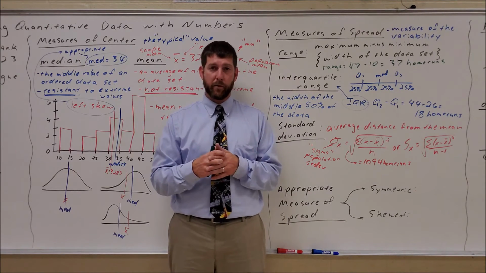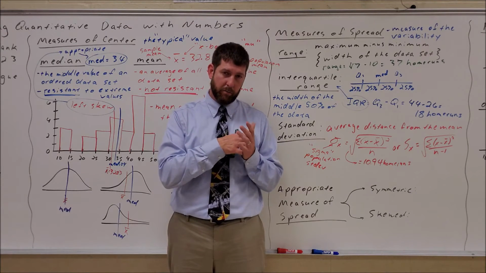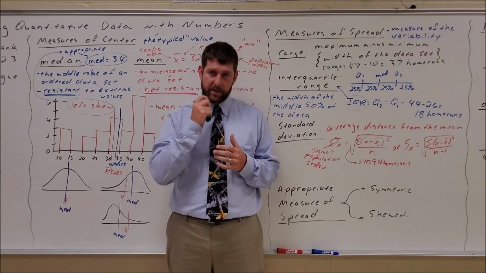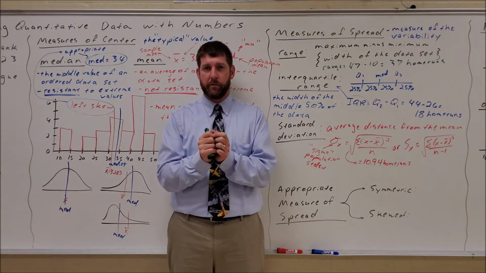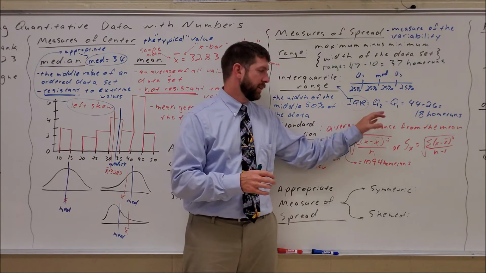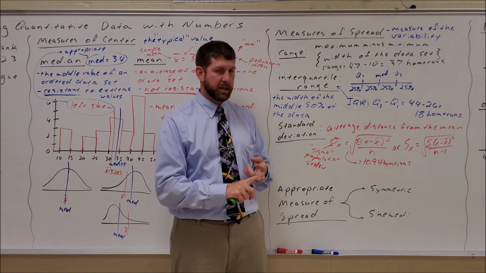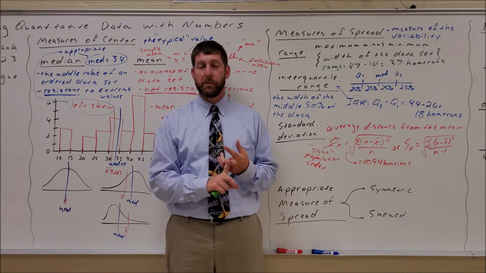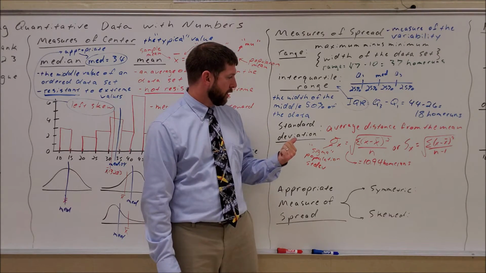On average, he was 11 home runs from his overall mean number of home runs in any given season. We just figured out how far all the seasons were from the mean, and we averaged all those together. Again, a little more specific than that, but that's the general idea.